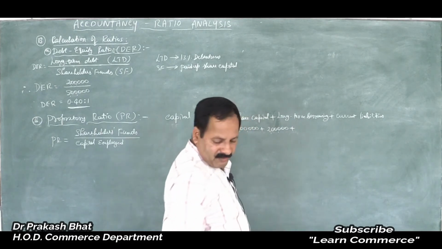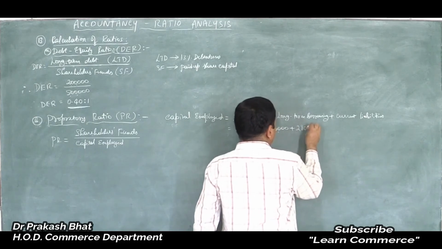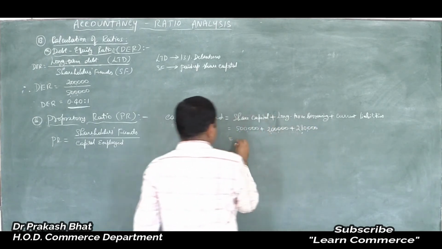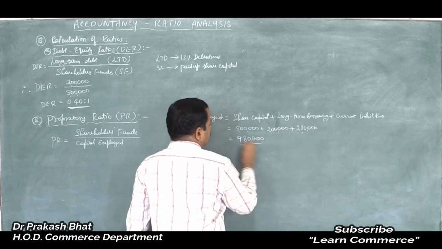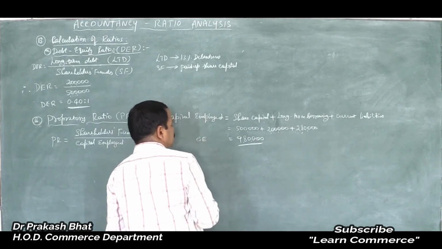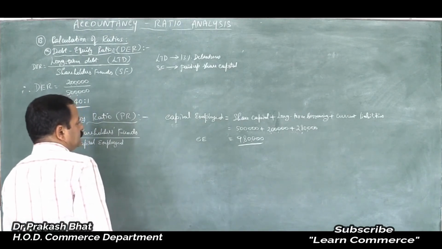Plus current liabilities, how much is it? 2,80,000. Together it will be rupees 9,80,000. Is that correct? 9,80,000. This is capital employed, CE, capital employed.